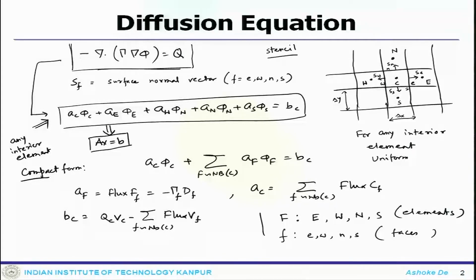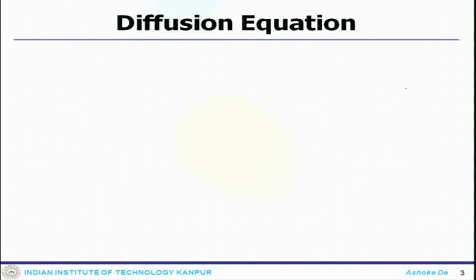So, this is what we obtain, and then to get the solution done we need to apply the boundary condition. The first type of boundary condition that we have applied is the Dirichlet boundary condition.